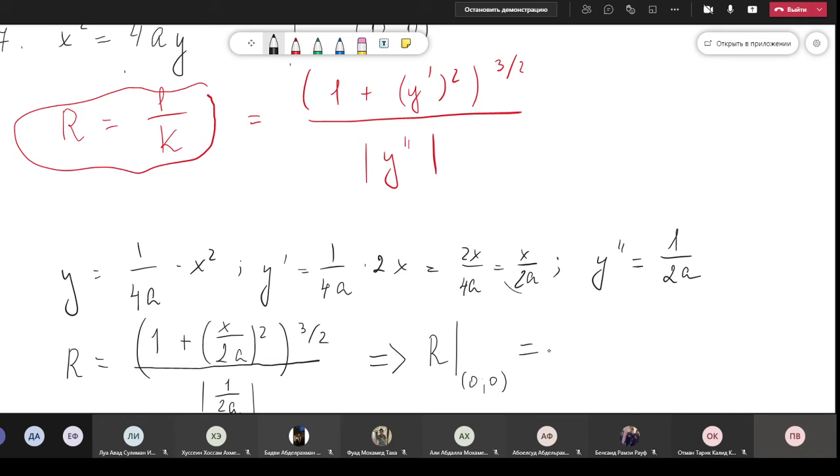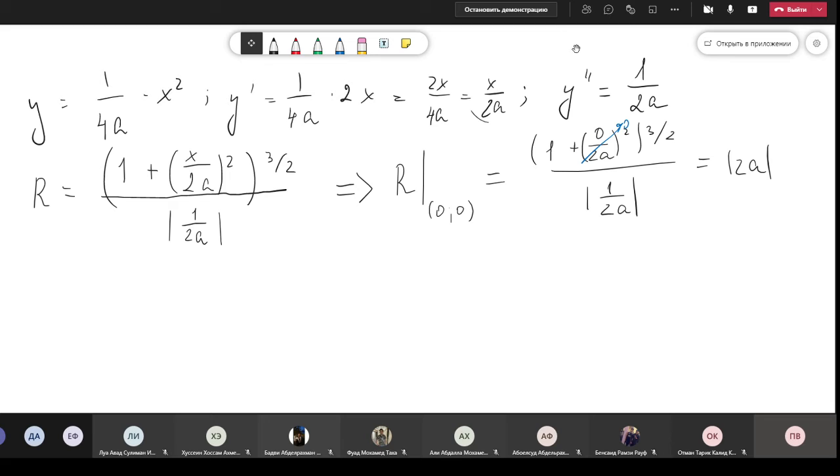We have 1 plus 0 over 2a to the power 2, over modulus 1 over 2a. Good. This is 0. 1 with power 3 over 2 is just 1, and if we divide 1 by this modulus, we have just modulus of 2a. This way.